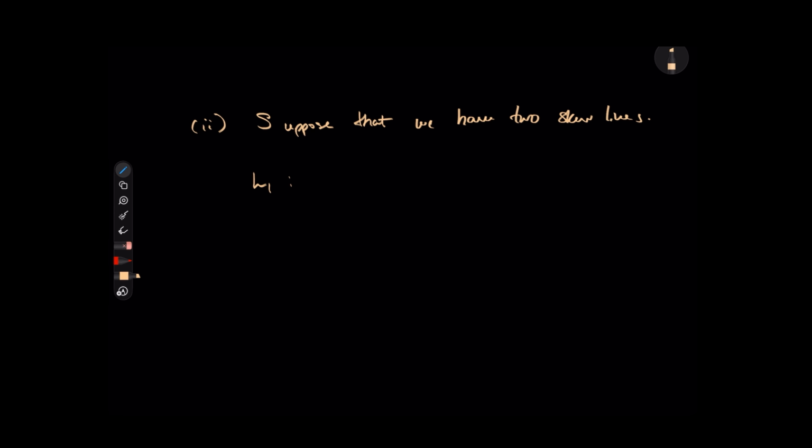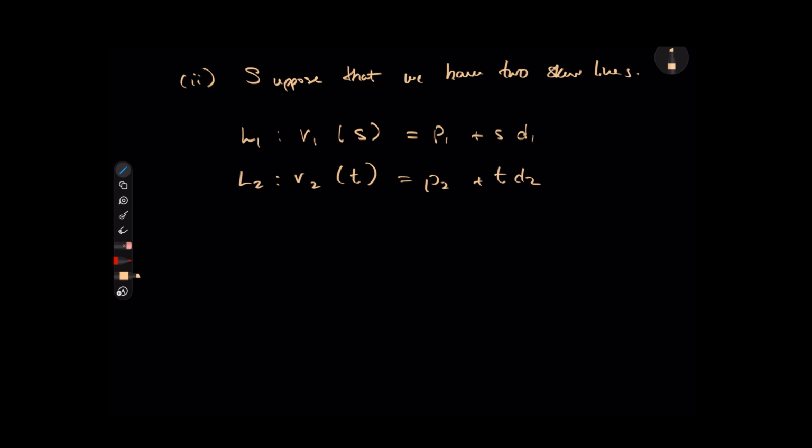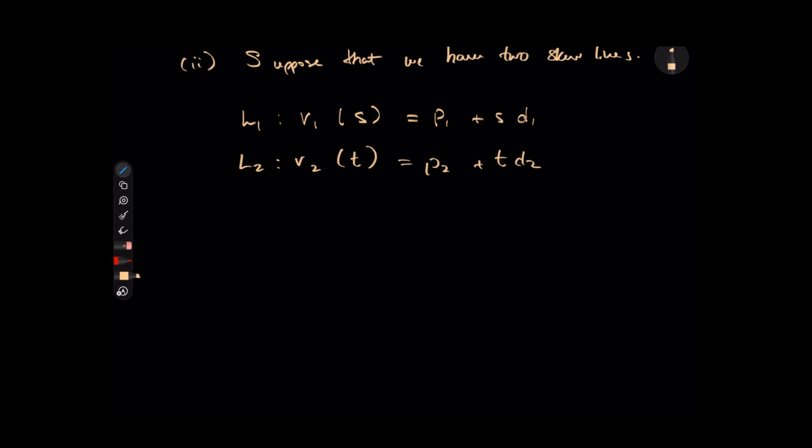L1 is of the form R1 equals P1, some point, plus S times some direction vector D1. And L2 is R2 equals P2 plus T times D2. In part 1, we found the lines were not parallel and do not intersect.